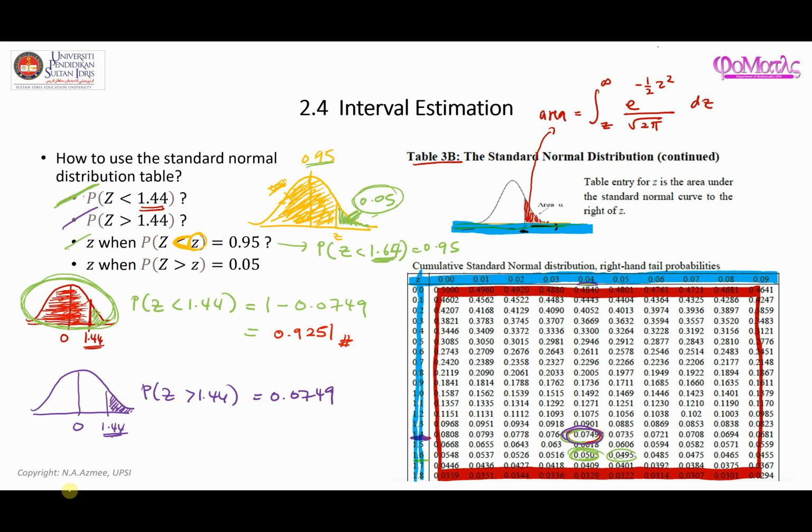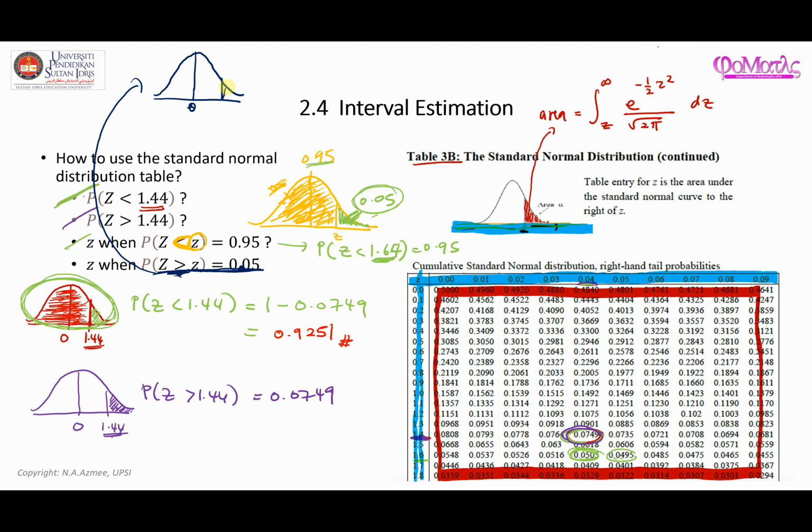Next, the final example, which I'm going to sketch over here. What is the probability of z greater than z? Greater means it's going in the right direction, and the area here is very small, 0.05, so it's going to be somewhere here.